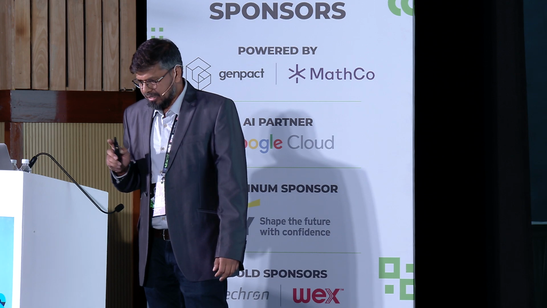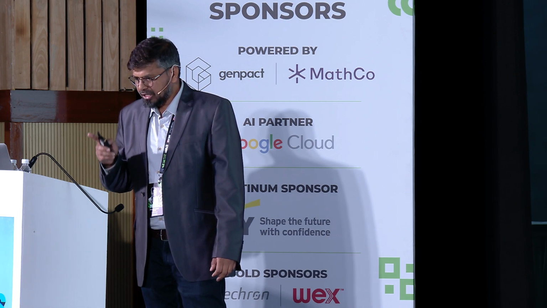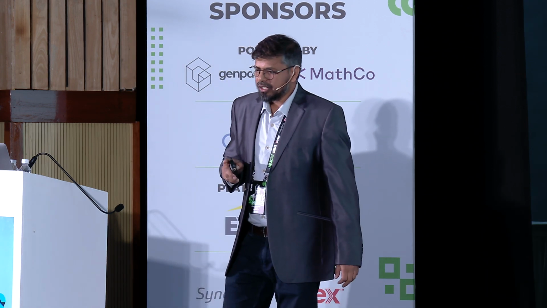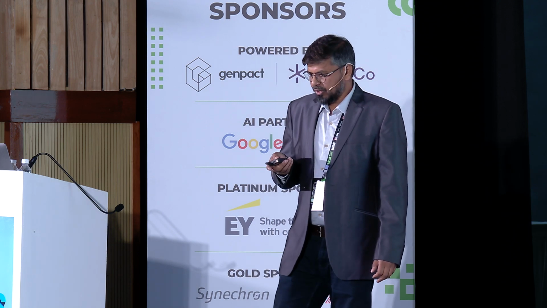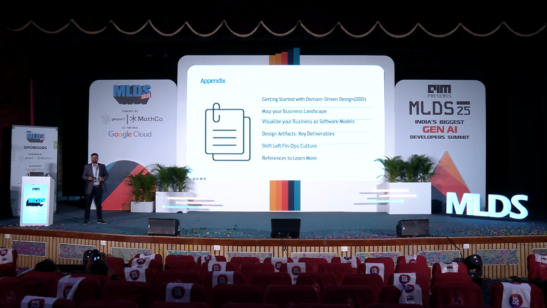So this is the end of my slides, but along with this, I'm going to share some appendix, where you can try to visualize how exactly, from business to your software, what key deliverables you can have as a leader or as an architect in your team.